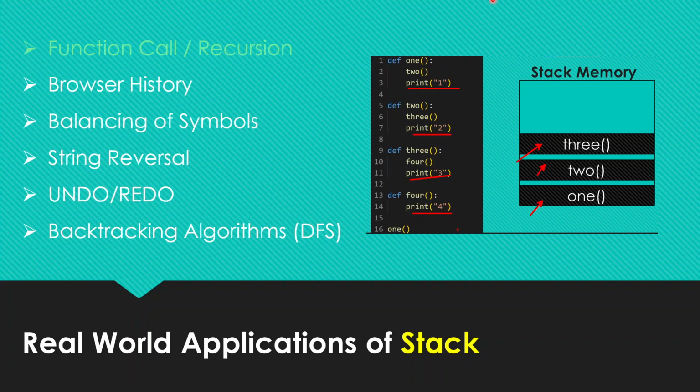So this particular program, if you can remember it, is simply going to print 4, then 3, then 2, then 1. That is one of the uses of the stack memory for storing the temporary results of function calls that either call other functions or call themselves.